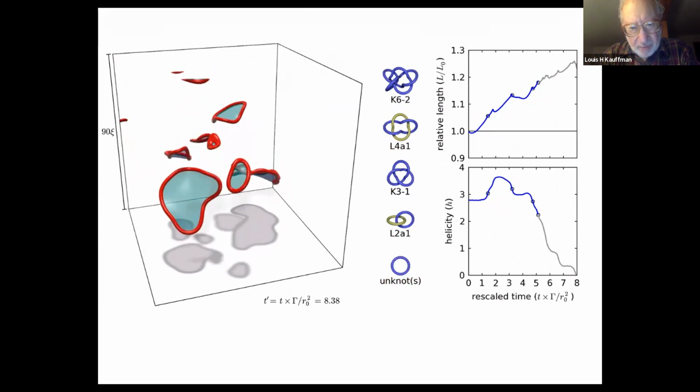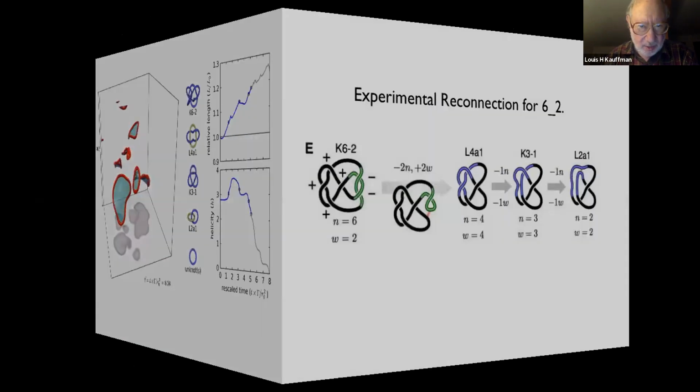Then it became the trefoil knot, and then 2 more, and it got unknotted. So you might wonder, well, is that the best you can do for 6-2? It's a way in which 6-2 can cascade down to the unknot. Is it the simplest way, or can we do it more quickly? Well, let's take a look and find out.